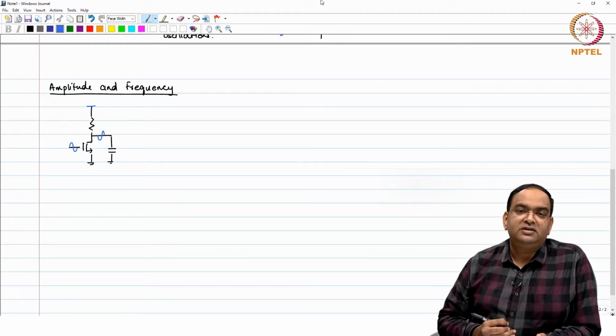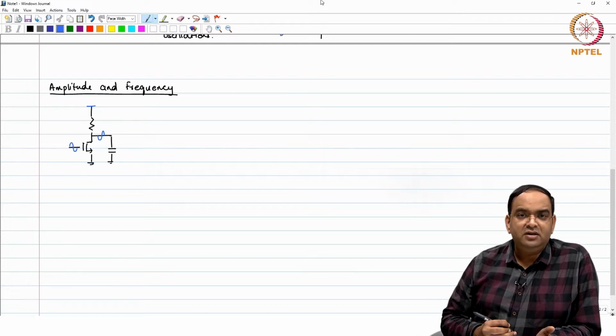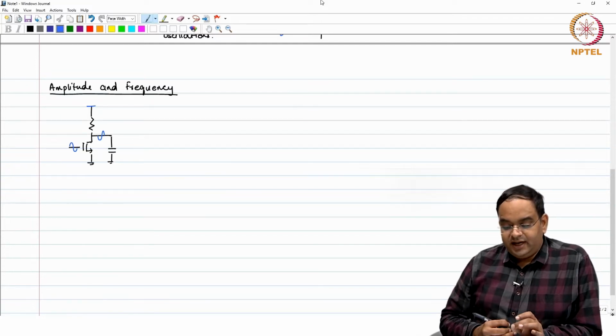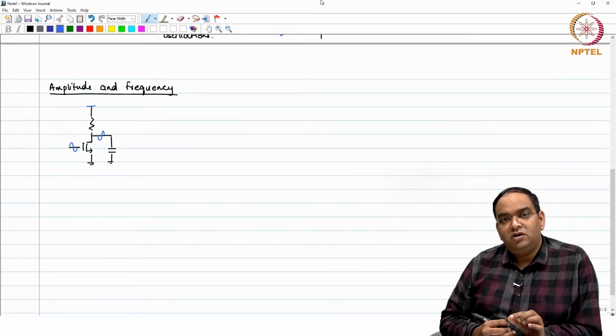As we have seen, the transistor should remain in the saturation region for the linear gain model, and the swing is going to be very limited and not in your control.